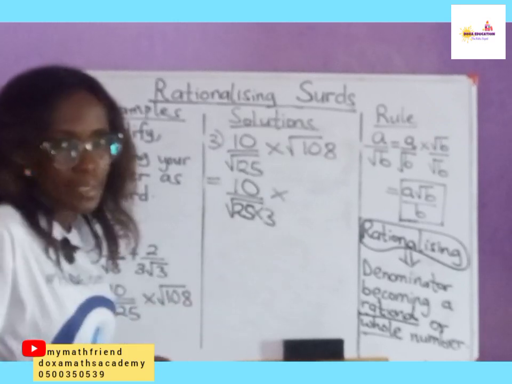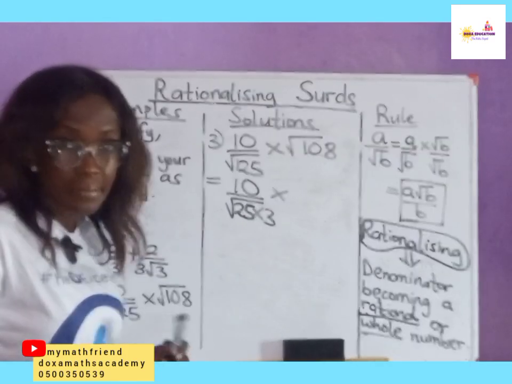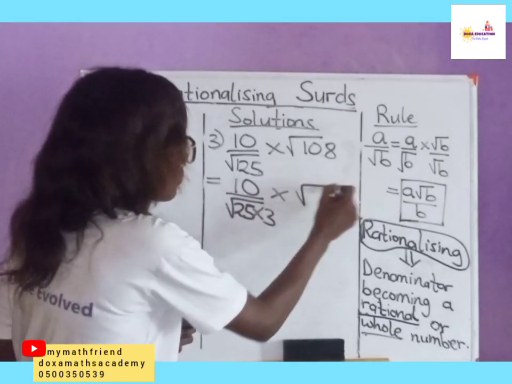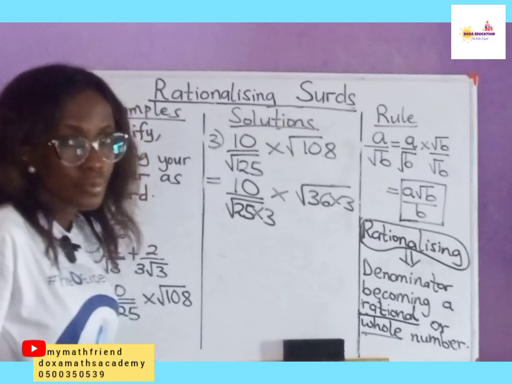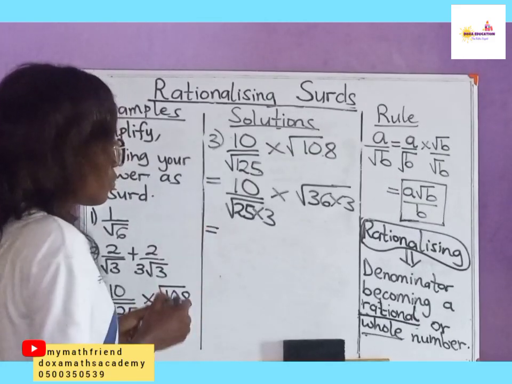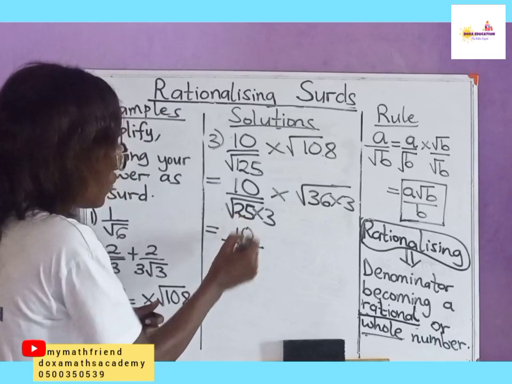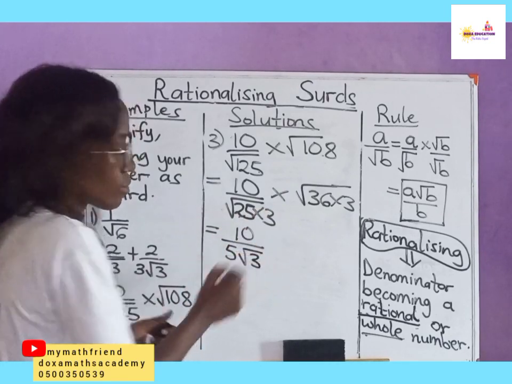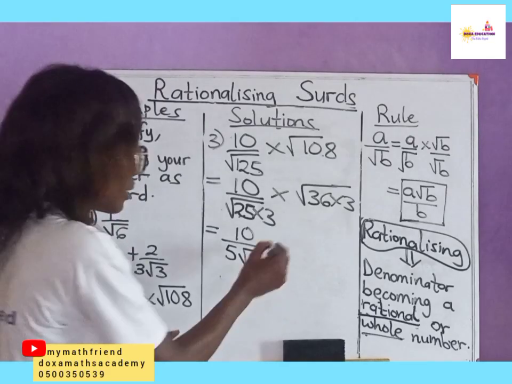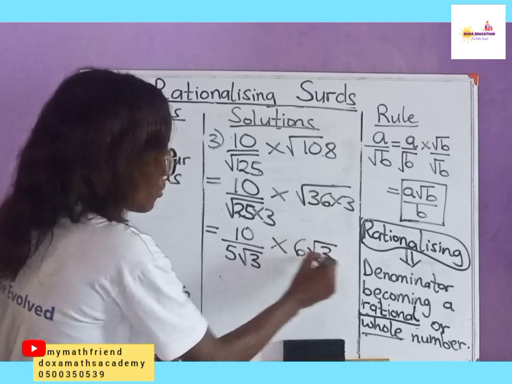Two factors of 108: we choose 36 by 3. Now from here, 10 over root 25 is 5, and root 3 is already simplified and it's not a perfect square, so leave it like that. Times root 36 is 6, 6 root 3.